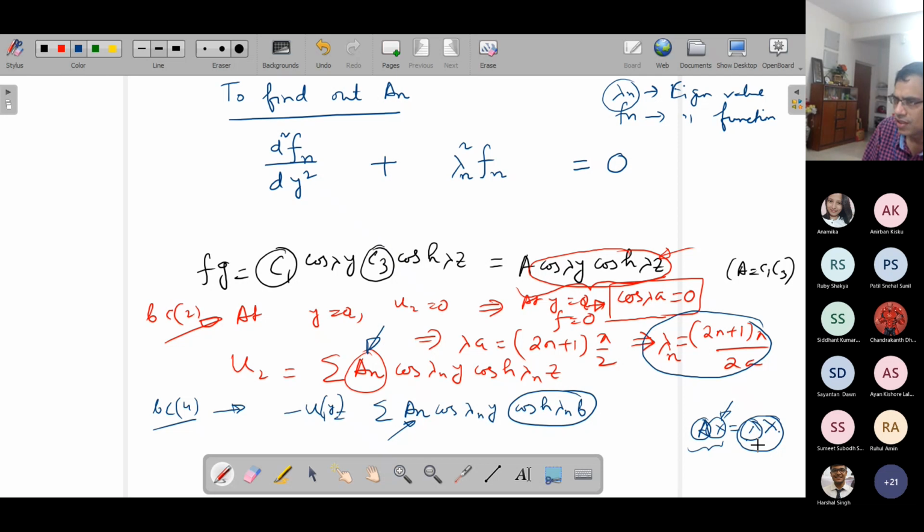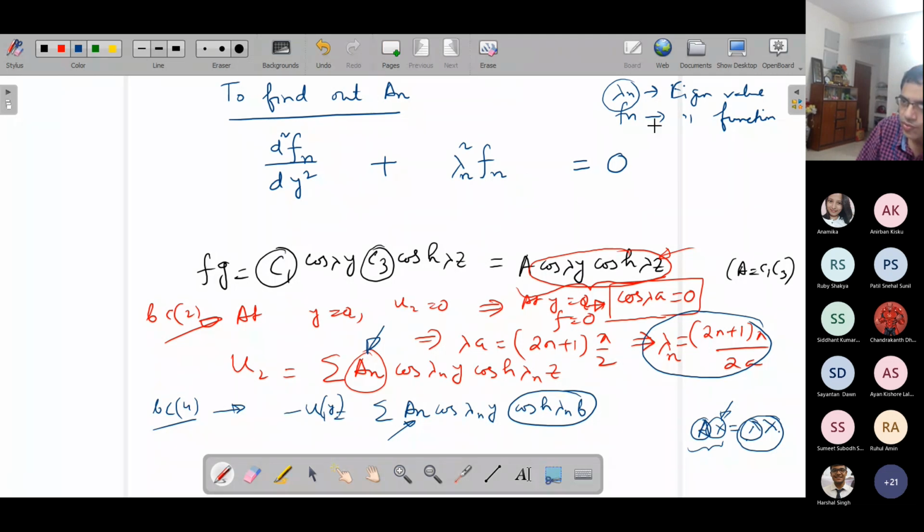Once you have an eigenfunction, the result which comes out from the governing equation is a function. This is very analogous to eigenvalue and eigenvector. Here it's a function space, so we call it eigenfunction.